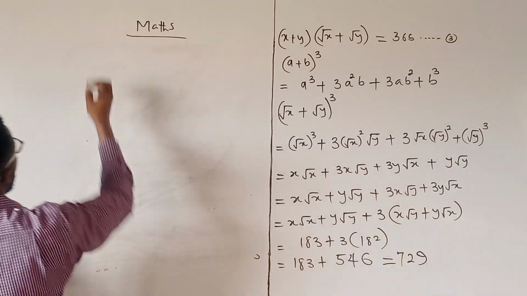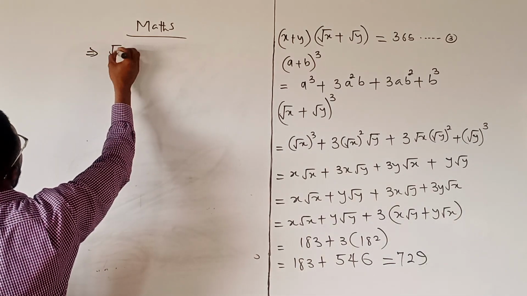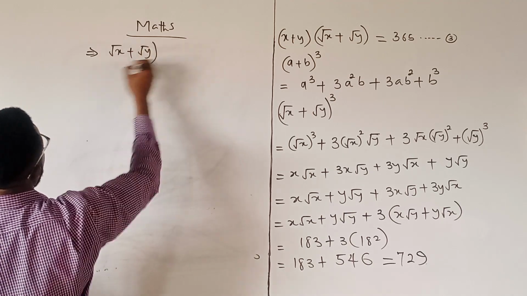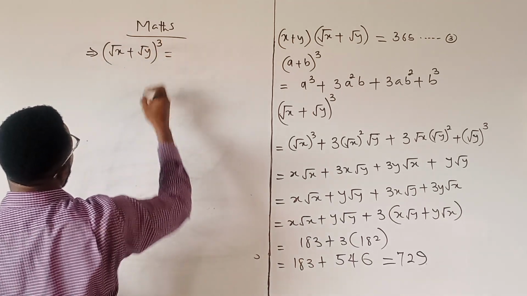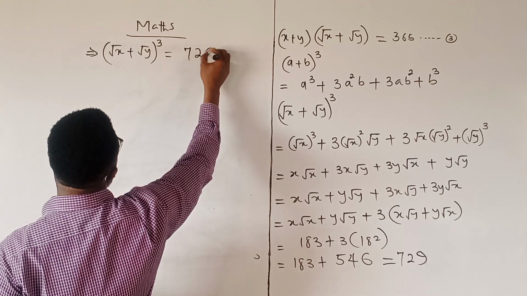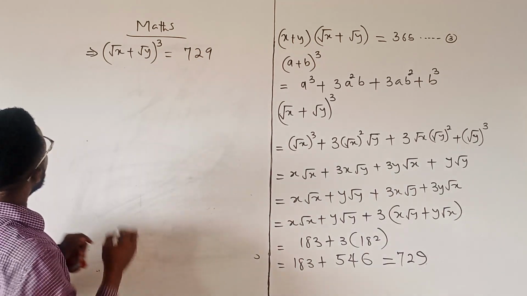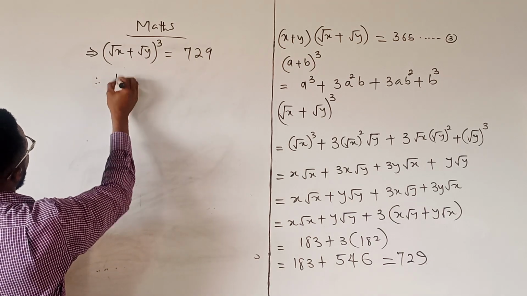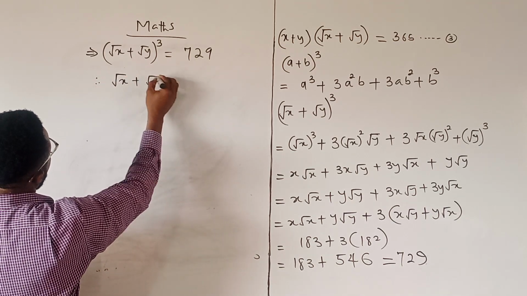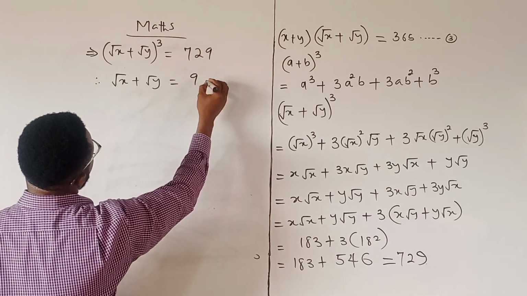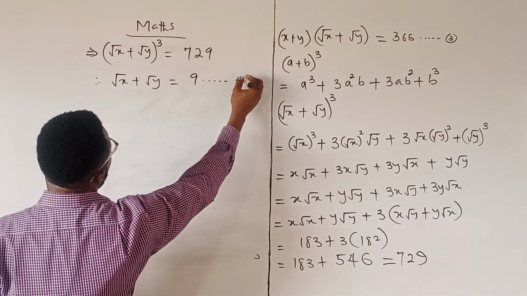So I'll write rad x plus rad y cubed equal to 729. Now if I take the cube root of both sides, I'll have rad x plus rad y equals 9. I'll name this equation number 4.